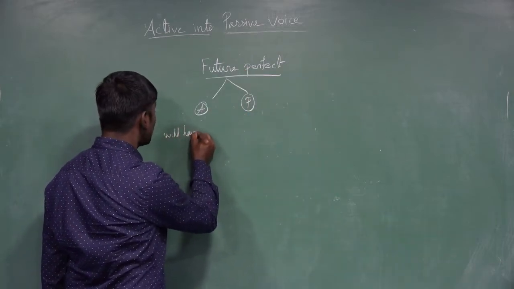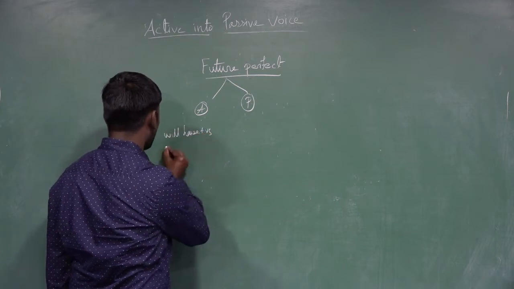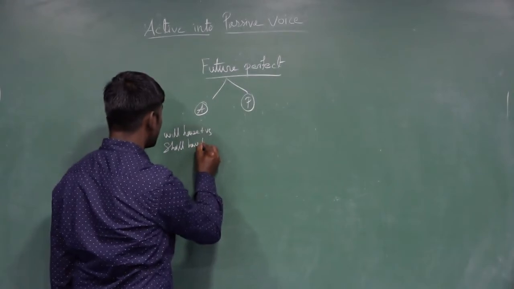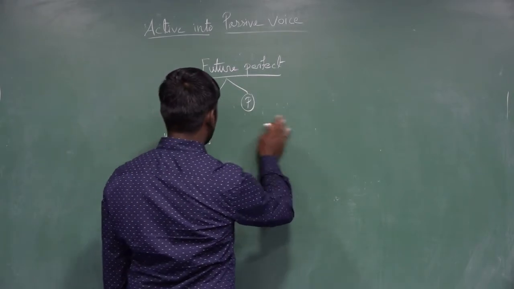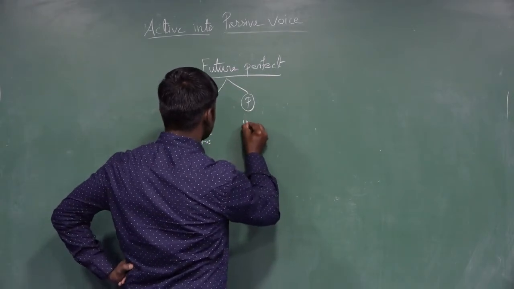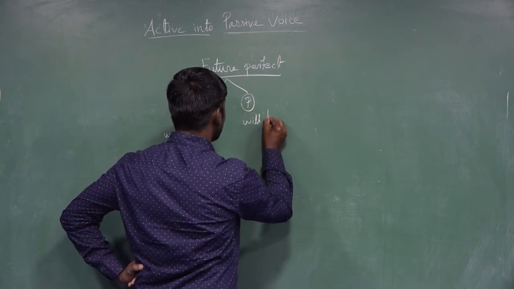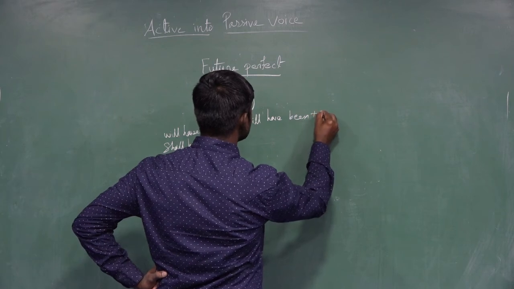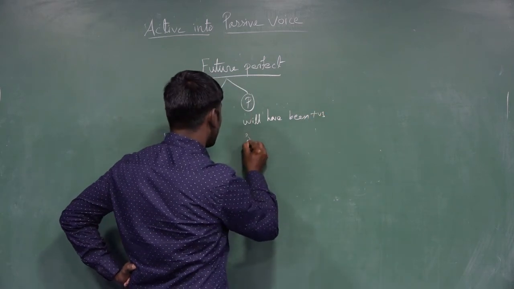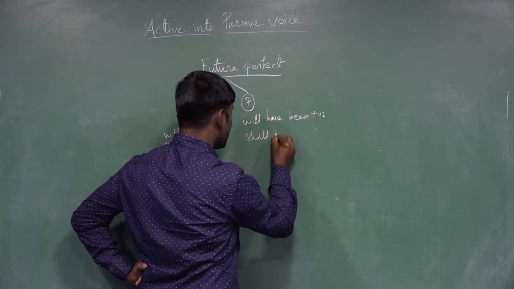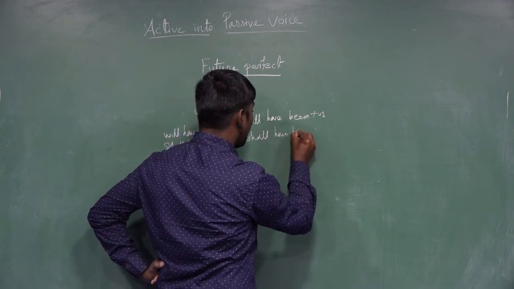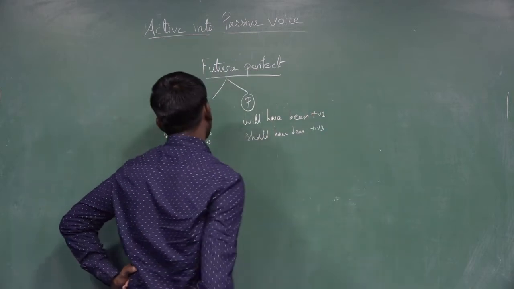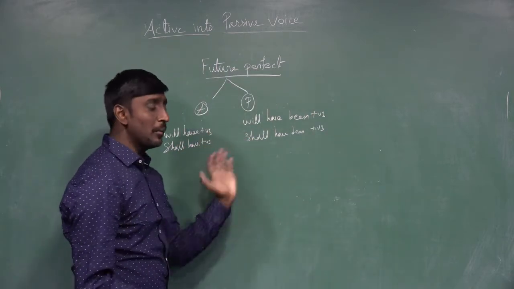Will have plus V3 form, shall have plus V3 form, and the passive, will have been plus V3 form, shall have been plus V3 form. The active into the passive voice.